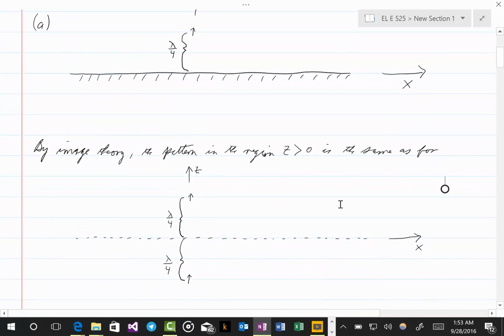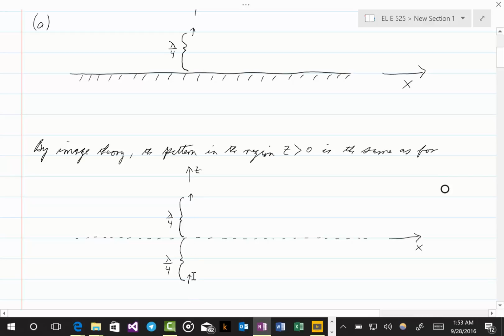We will take the ground plane away and replace it by this dashed line, and then place another vertical dipole an equal distance below the dashed line. And notice that this vertical dipole is pointing in the same direction as the original vertical dipole. That is, it's pointing up and not down.